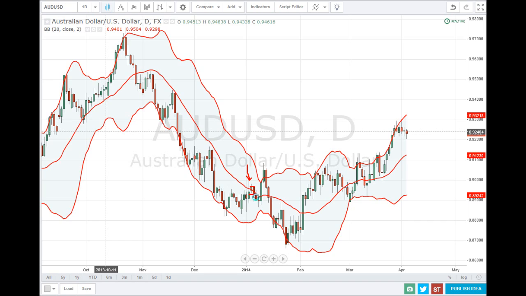Either one of these signals would have made very little profit or a loss. So 2 out of 3 signals were profitable. Price then touches the upper band, which acts as a signal that this downtrend is over, so we wouldn't be looking to go short again on this downtrend.